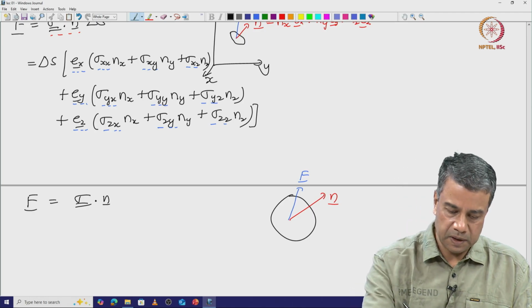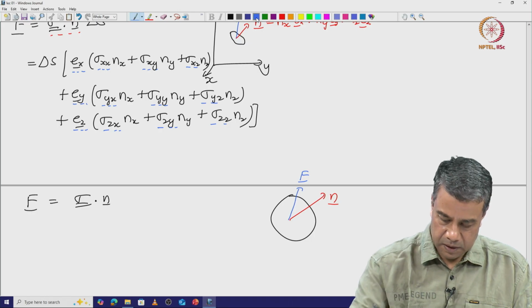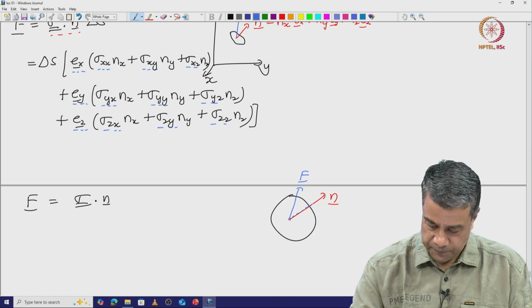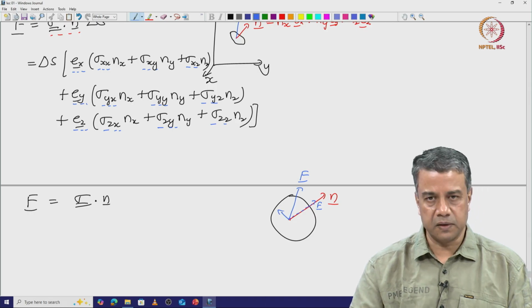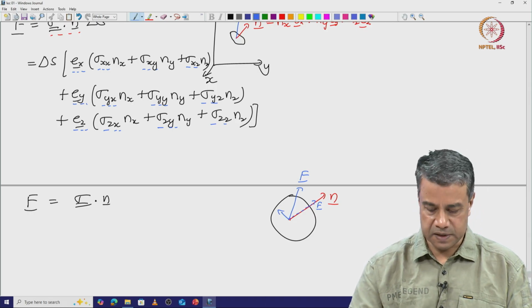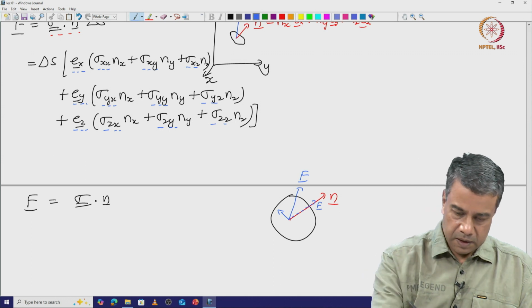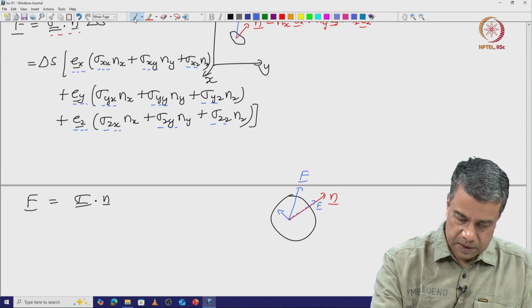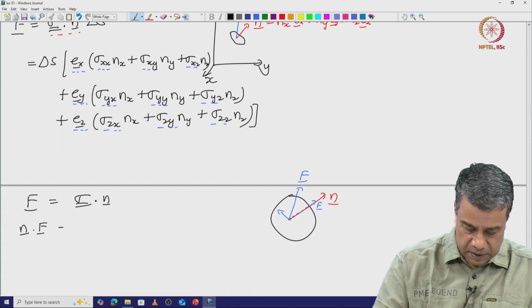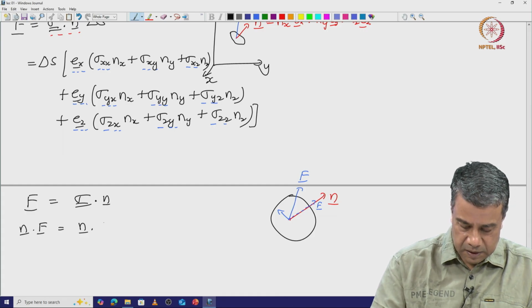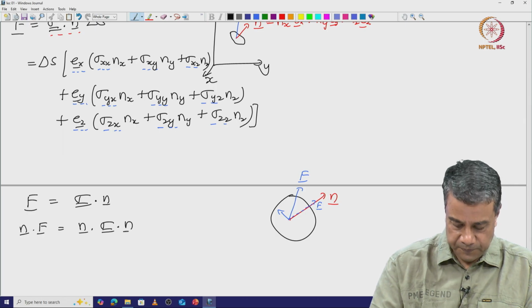One is the component along the unit normal, and the other is the component perpendicular to the unit normal, that is in the surface itself. The component along the unit normal is just n dot f, which is basically n dot sigma dot n.